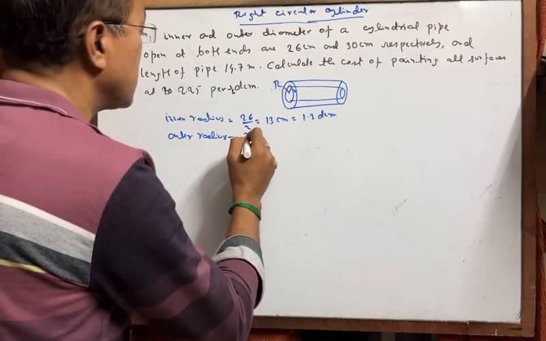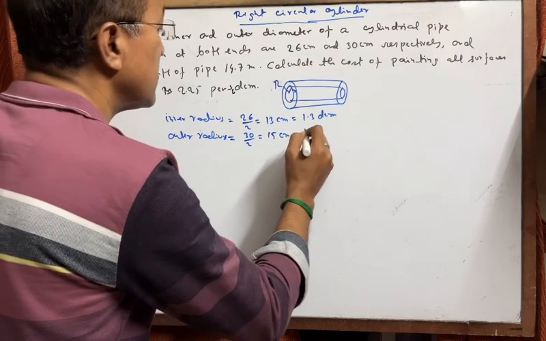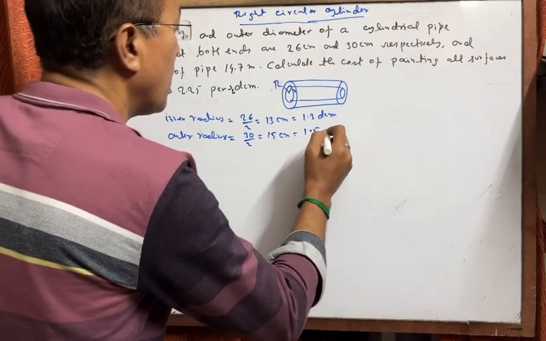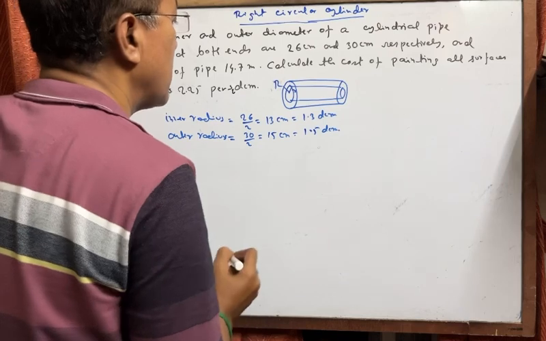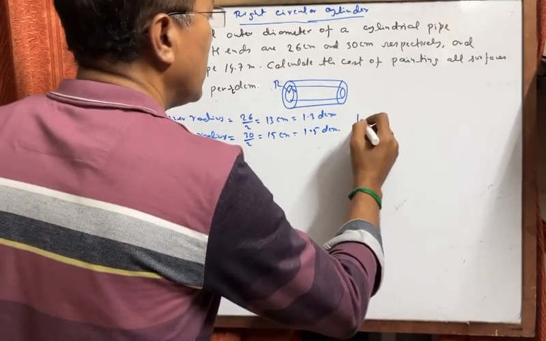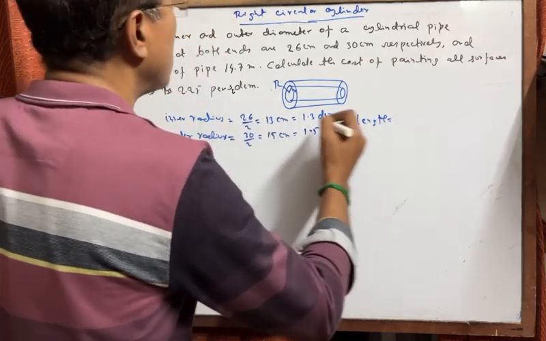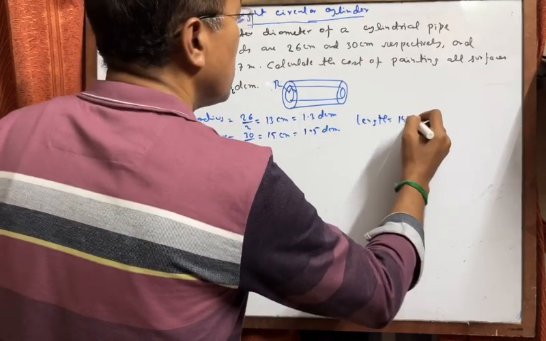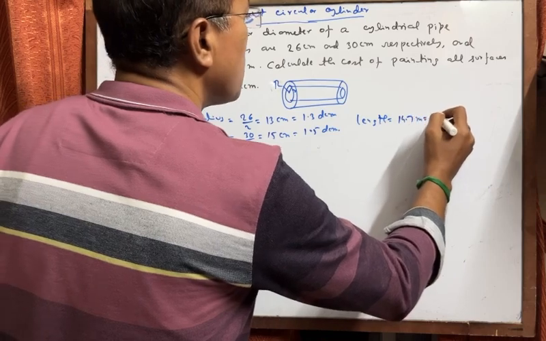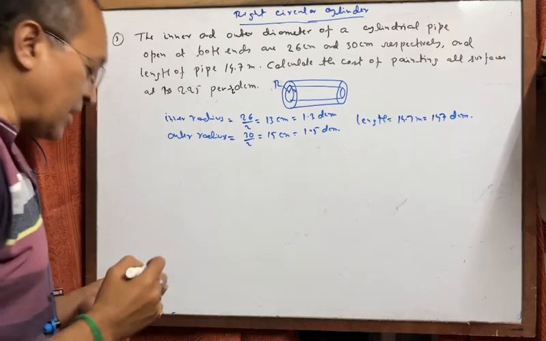Outer radius is equal to 30 by 2, that is 15 centimeter, 1.5 decimeter. And height or length is equal to 14.7 meter, that is 147 decimeter, right?